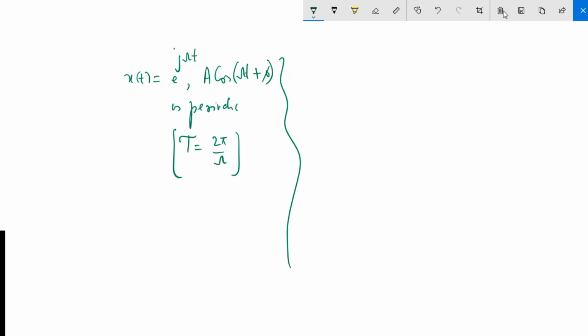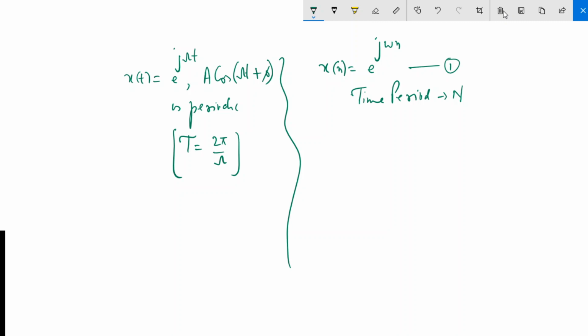This is not the case here. Okay, if you say x of n is equal to a e raised to j omega n, and you want to see whether this is periodic or not, let us suppose it is periodic with a time period of N.